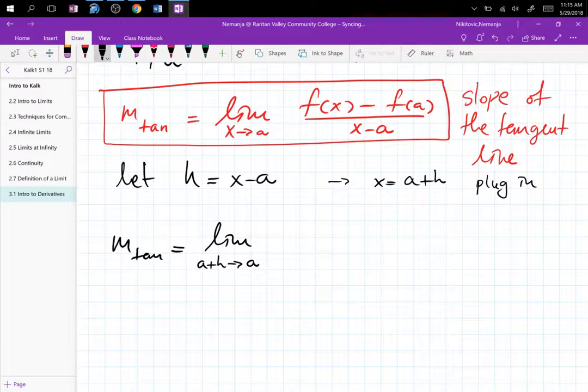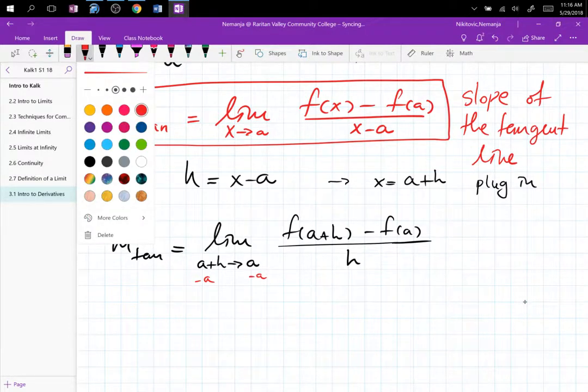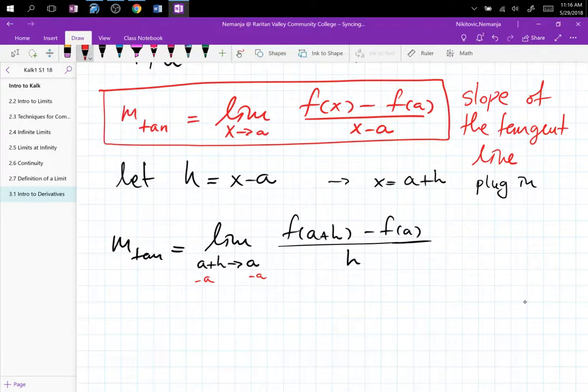The numerator f of x becomes f of a plus h minus f of a divided by h. In the limit, we are going to subtract a on both sides, and we get the new and improved formula for m tangent.